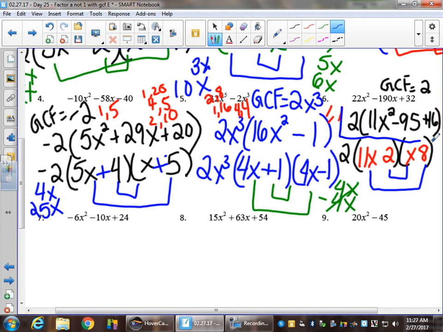This is your completed factored version, or answer. That's as factored as it gets. You can't break it down anymore. You're not going to write not factorable because you can still factor out a 2, but after that it can't be factored further. Okay?